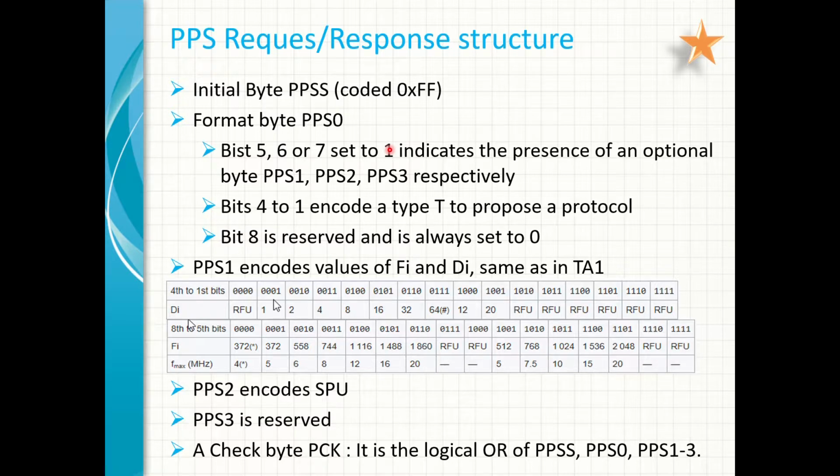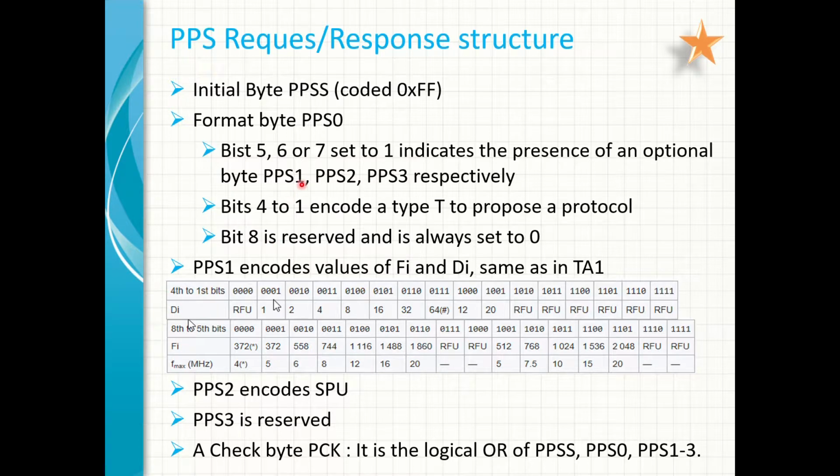Then the bits 5, 6, and 7 are used to code 3 bytes. These are the PPS1 byte, the PPS2, and the PPS3 byte respectively. And bit 8 of the PPS0 is reserved, and it's always set to 0.